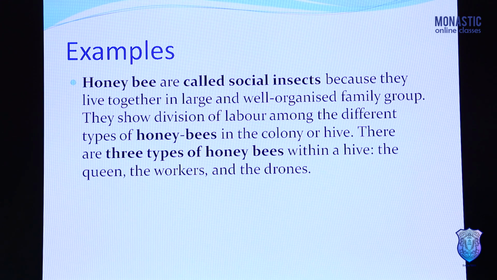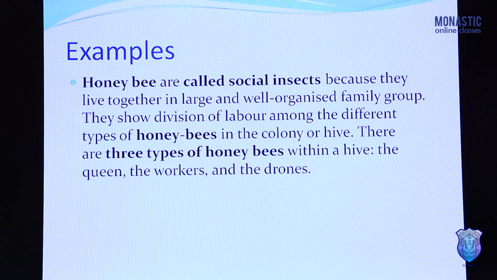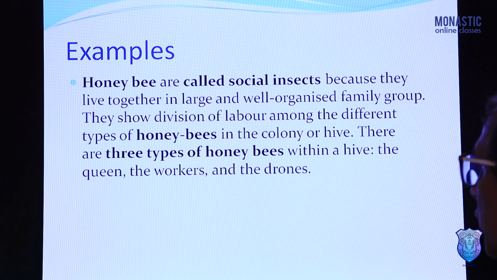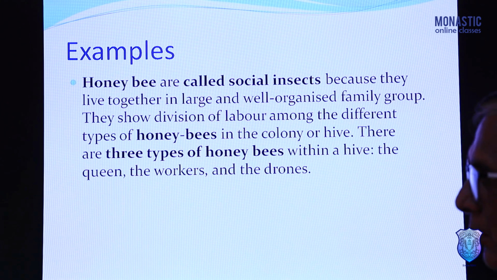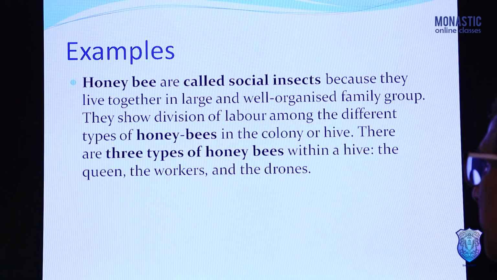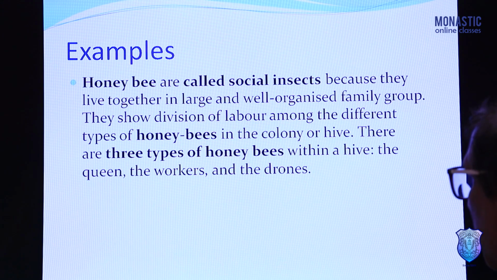There are 3 types of honeybees within a hive. As you know, it is a very popular example for social organization. These 3 types of bee are the queen, the workers, and the drones. Workers are all females except one, which is known as the queen.